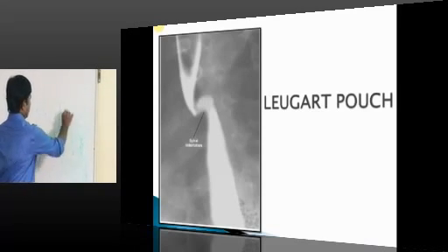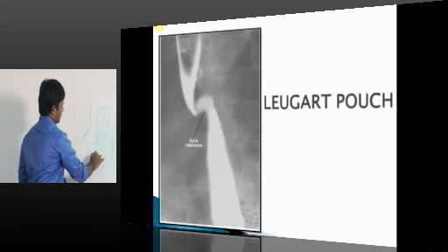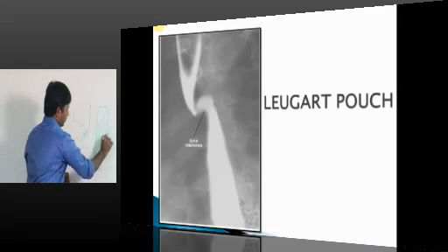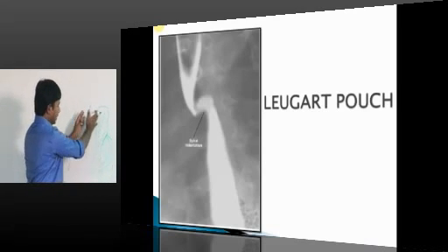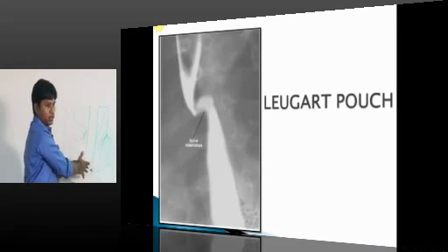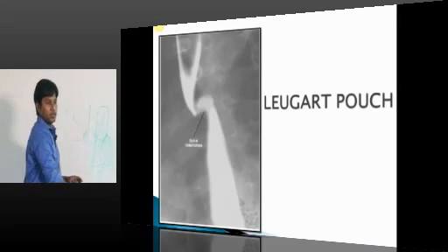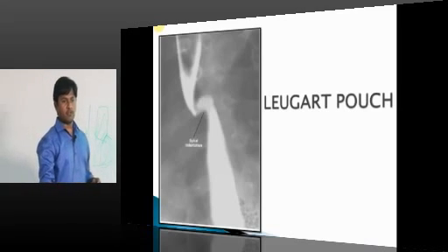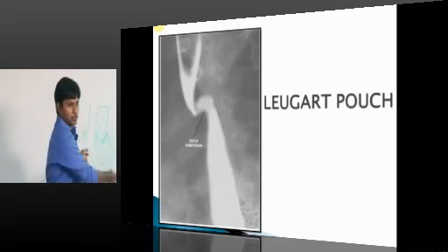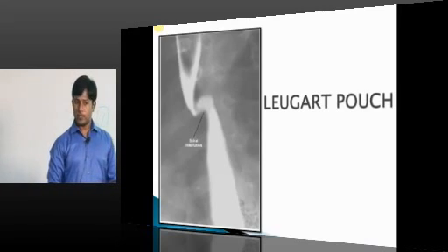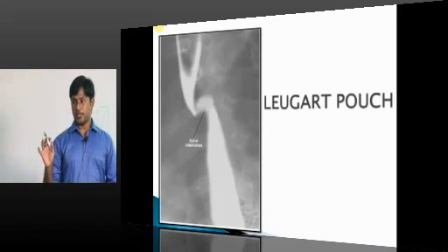No. See here, these are the layers. You pull only this layer, the inside esophagus will be normal. If you want to have a diverticulum, all the layers should be pulled. So mid-esophageal and the lower esophageal, it is always a true diverticulum. Any doubts regarding this?